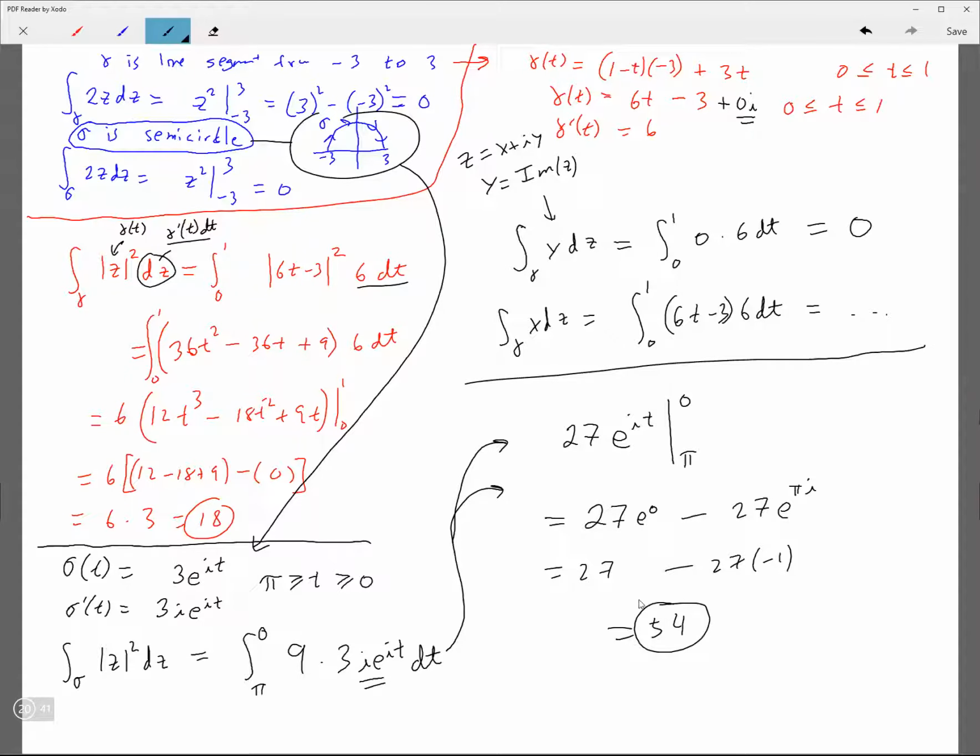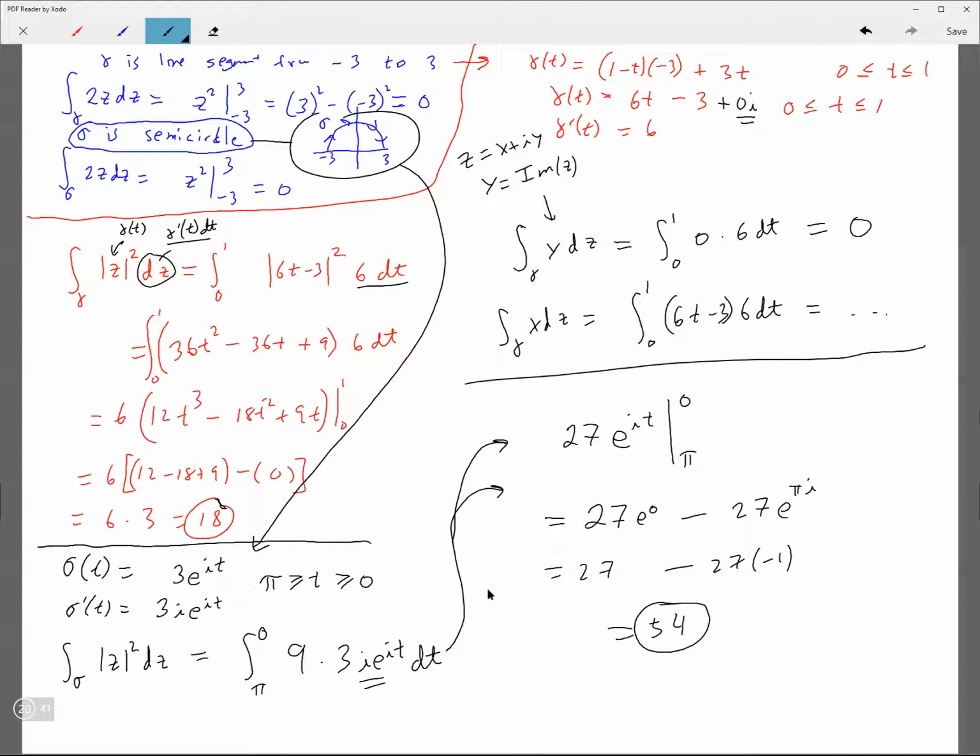So notice that you go along different paths. Going along this path from -3 to 3, the line segment, you're going to get 18 as your integral. But if you go across this semicircle to get there, you get 54 as your integral.